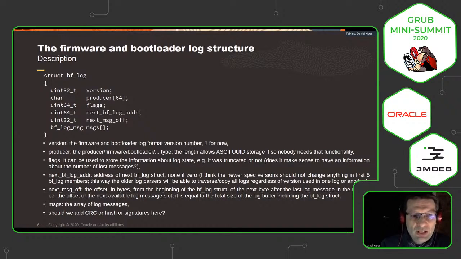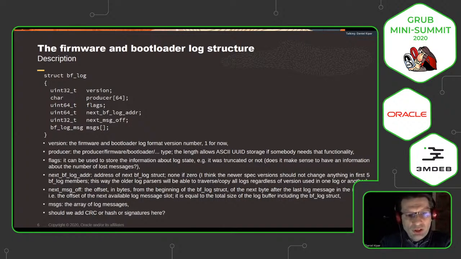So it will be nice to have an option to link one log to another. This way, we just pass one pointer to the top level log, which was initially, for example, produced by the firmware, and this firmware log will have a pointer to the bootloader log, which was produced by, for example, GRUB.